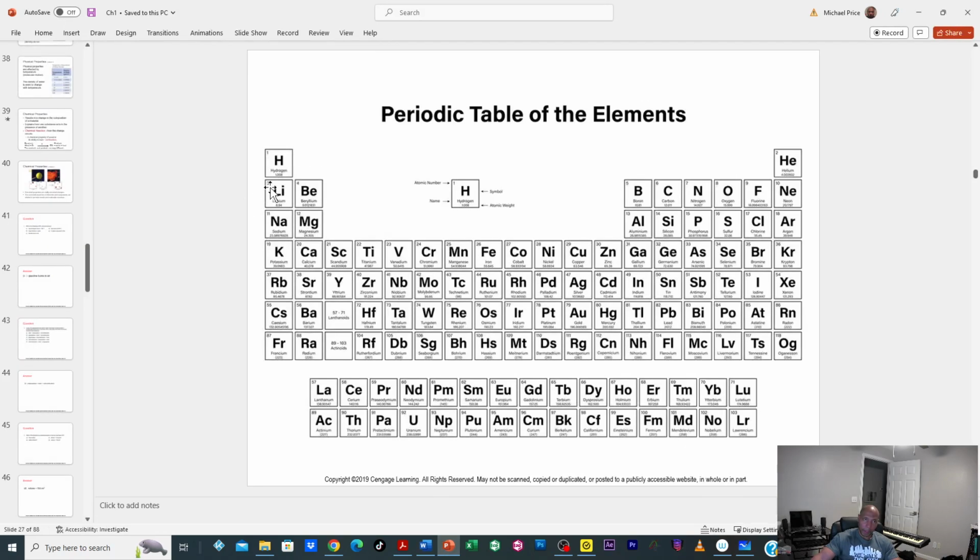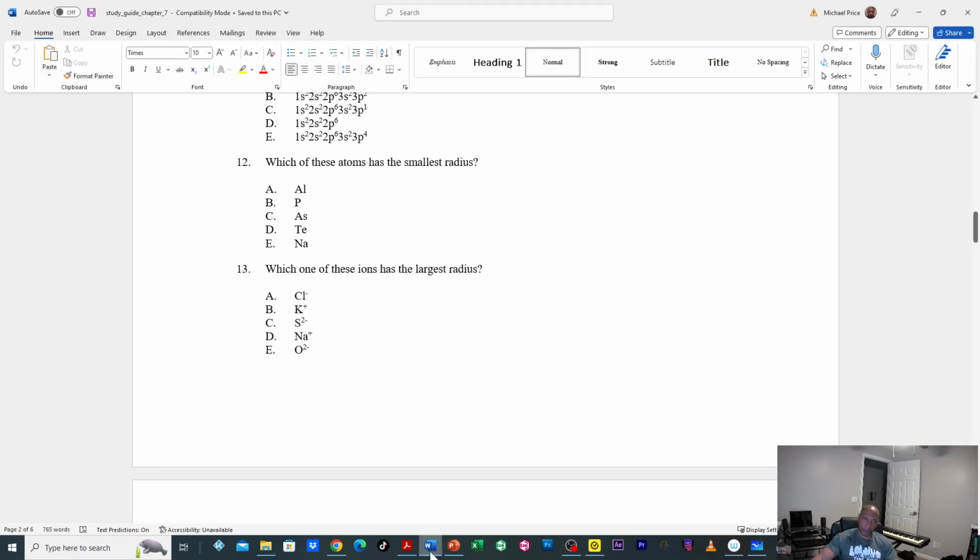Now the way we do this is, if we're talking about ions, it's best to compare the ones that have the same electron configuration, so isoelectronic ions, or you can compare ions in a group. For example, I could compare all of my alkali metal cations because you'd still get the same trend. They all have a +1 charge, and as I go down the group, they're going to get larger.